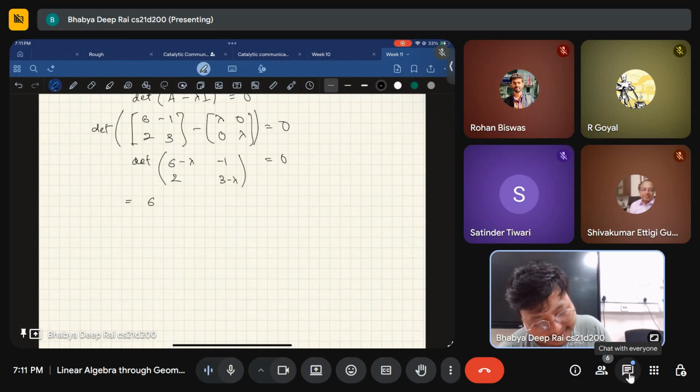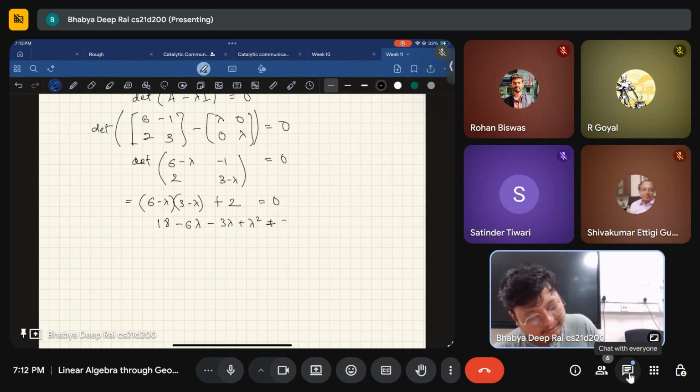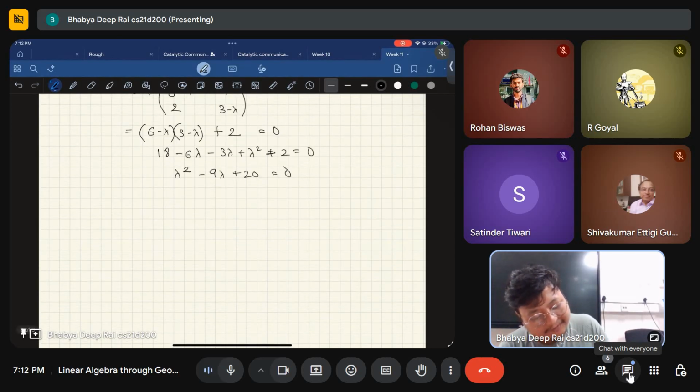This becomes 6 minus lambda times 3 minus lambda, minus minus 1 times 2, which becomes plus 2. So 18 minus 6 lambda minus 3 lambda plus lambda square plus 2 equals 0. This will be lambda square minus 9 lambda plus 20 equals 0, right?